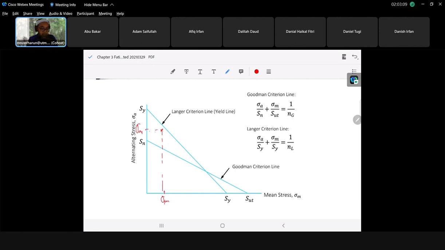The part, or the shaft, will fail due to Goodman. But for Langer, the yield line, it is still safe.